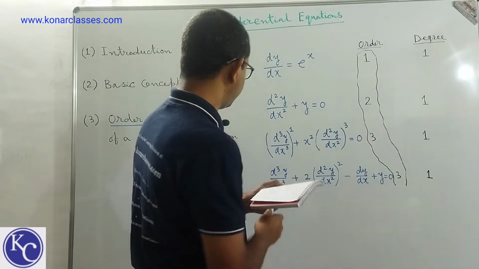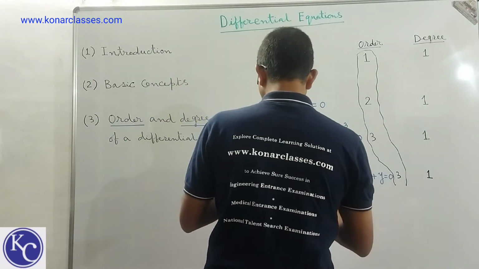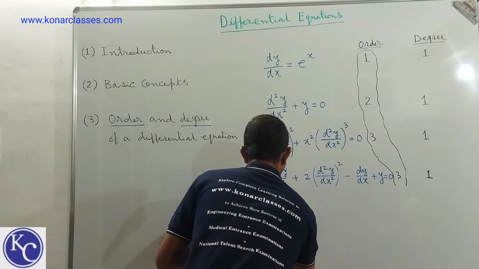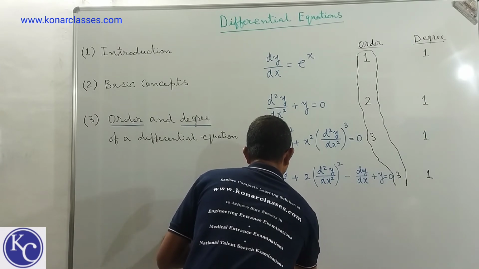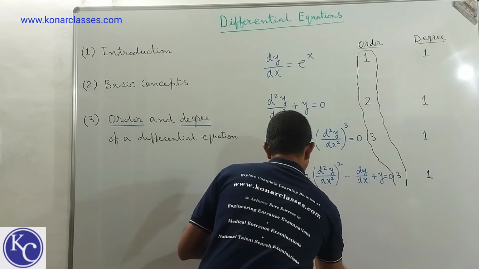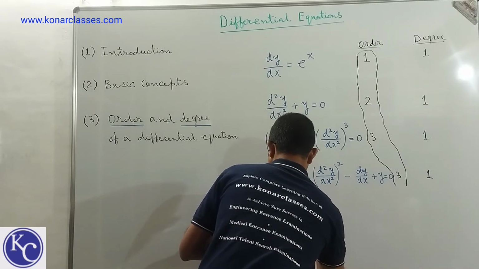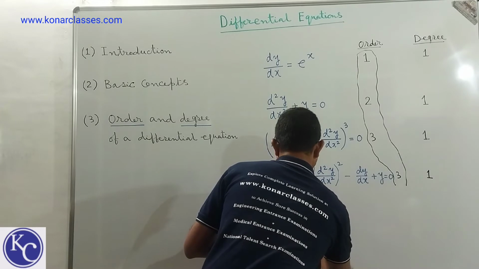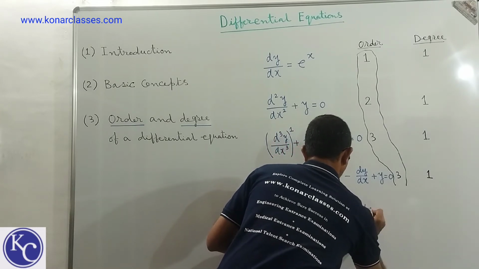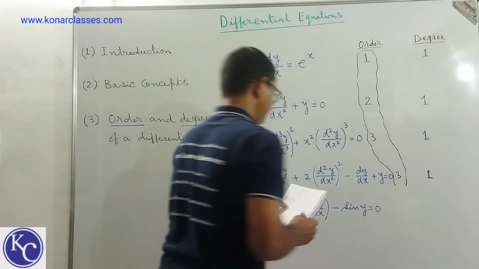Now let's go to the next equation: (dy/dx) whole square plus dy/dx minus sin y is equal to 0.